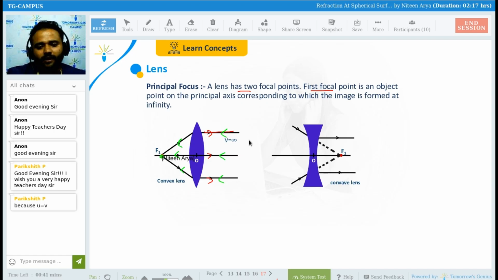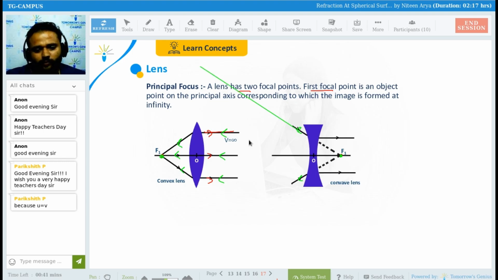Or in this case, if an object is situated at focus, the rays are going to go in this way, tilted, but they are going to meet. Why? That is the reverse case. It is not going to meet anywhere in this scenario, because the rays are diverging away from each other, as you can see.